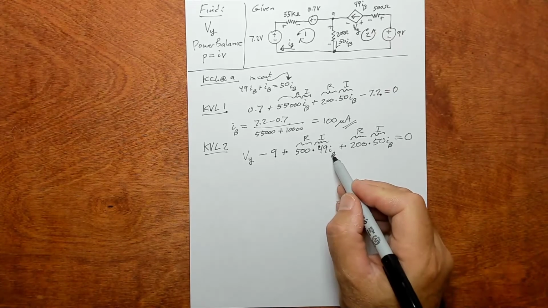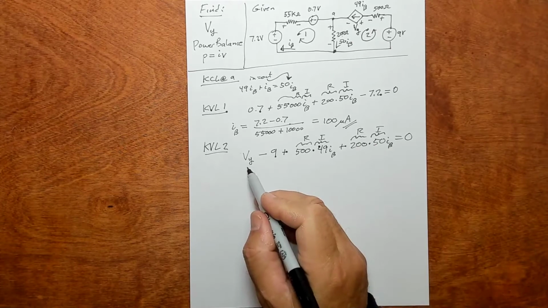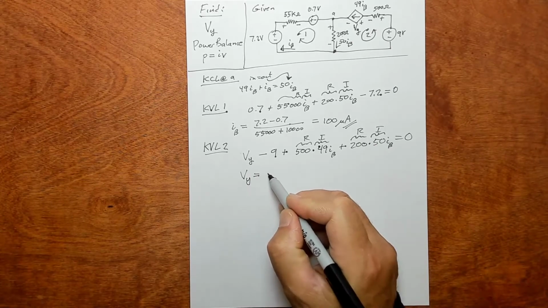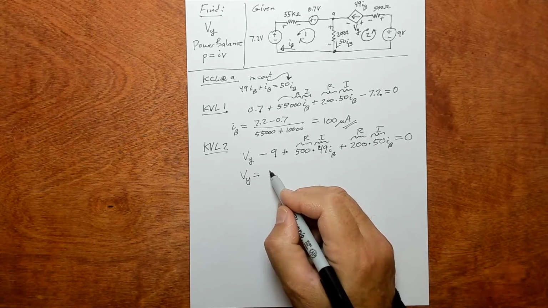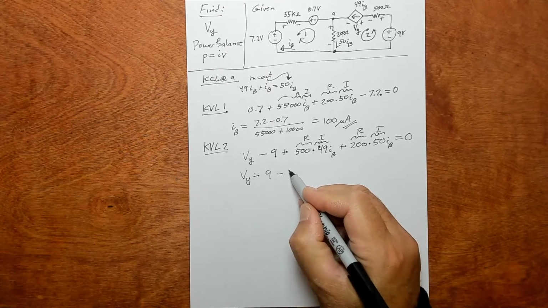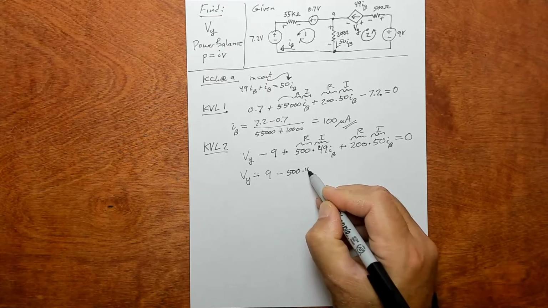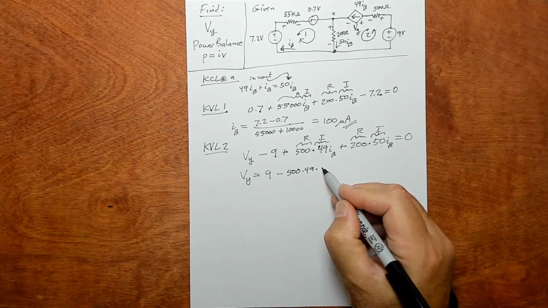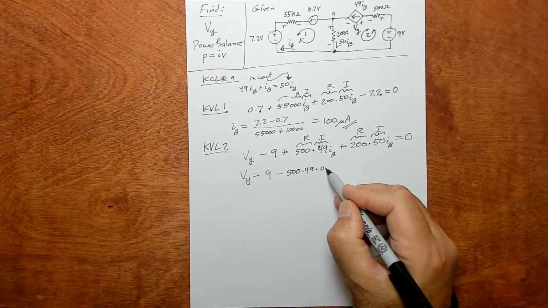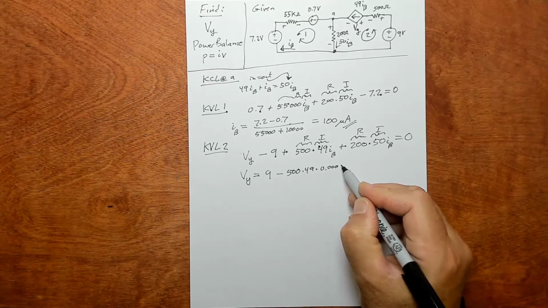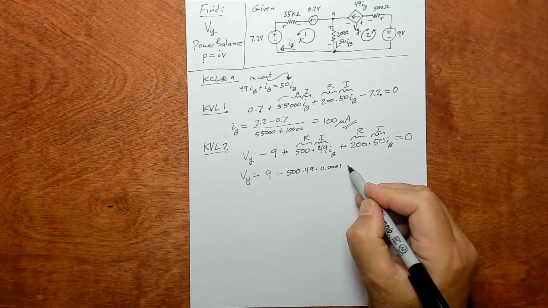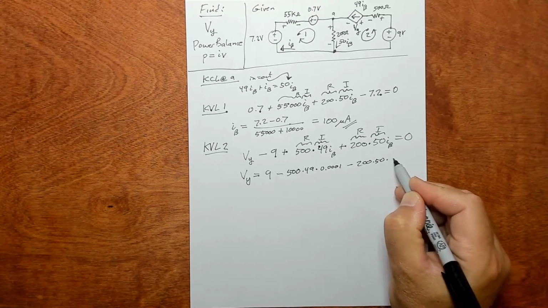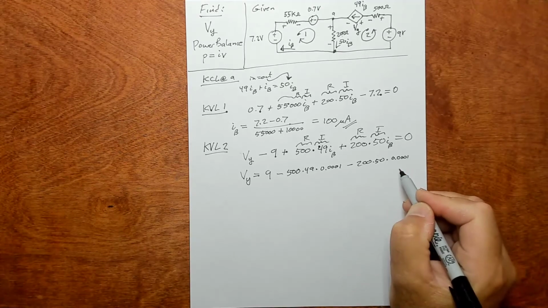I know I beta. It's 100 microamps. So the only unknown here is Vy, so I can solve for Vy. Vy is going to be 9 minus 500 times 49 times 100 micro, which is 0.0001, minus 200 times 50 times 0.0001.